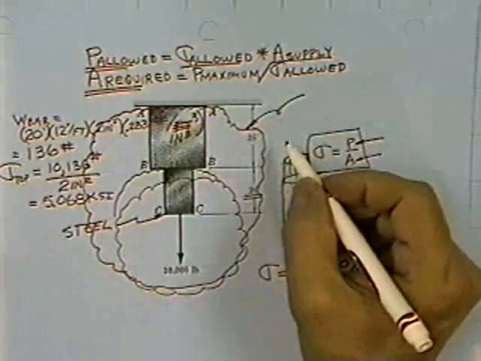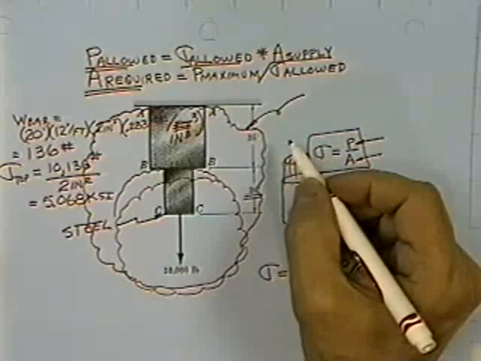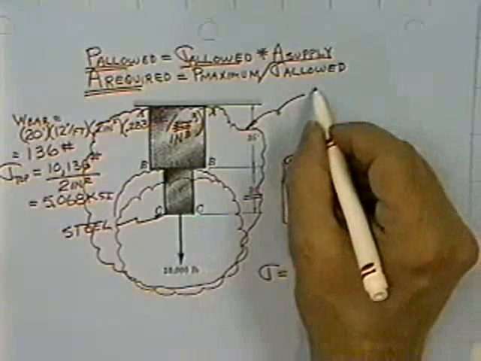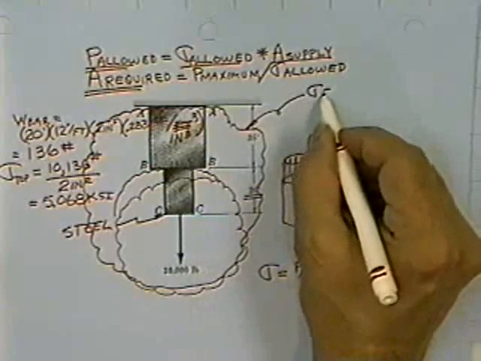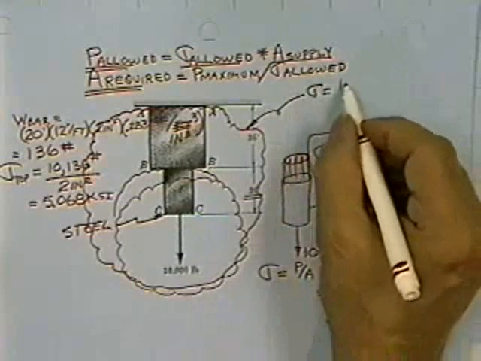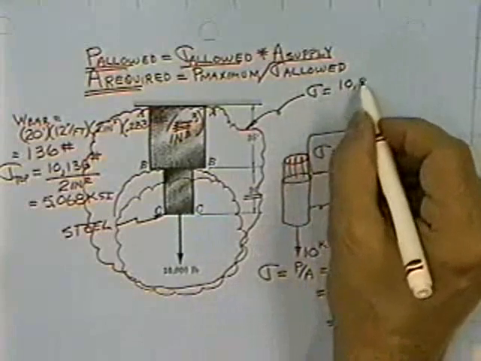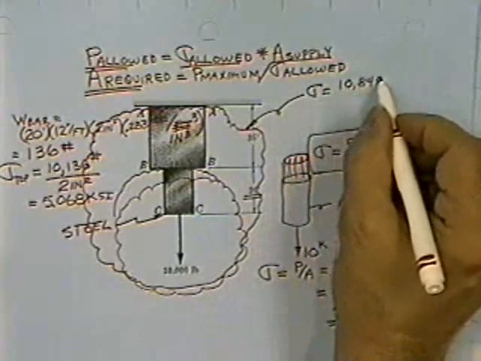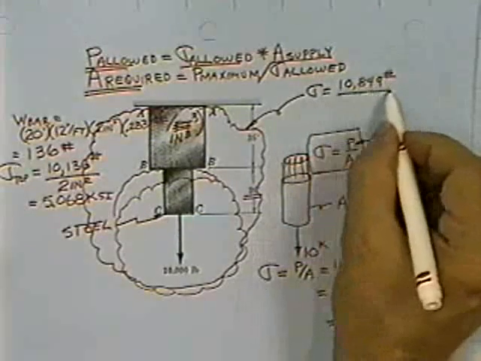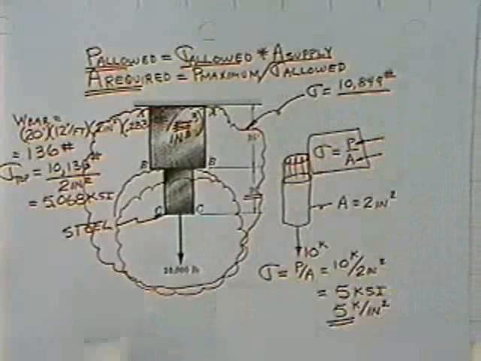We would calculate the volume and multiply it times how much steel weighs a cubic inch. And if you check that out, you'll find the equation comes out, stress is equal to 10,849 pounds, including the weight of both bars. So now we have increased the weight about 1%. Still pretty small.